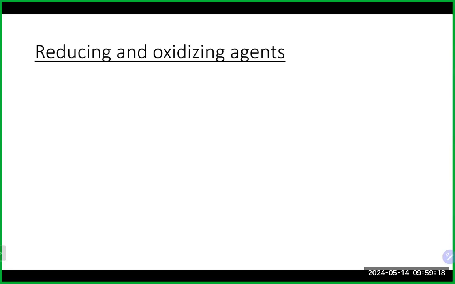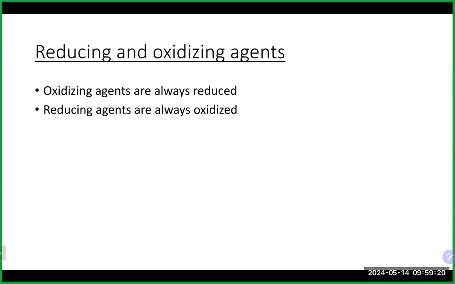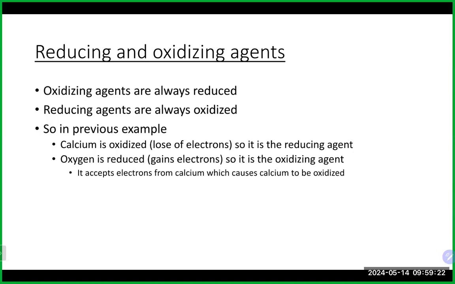Okay. Now, with that being said, in addition to looking at what is being oxidized and what is being reduced, sometimes we also look at what is known as the oxidizing agent or the reducing agent. And the oxidizing agent is always the substance that gets reduced.